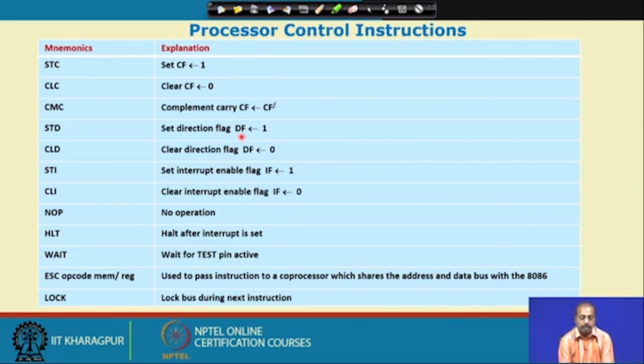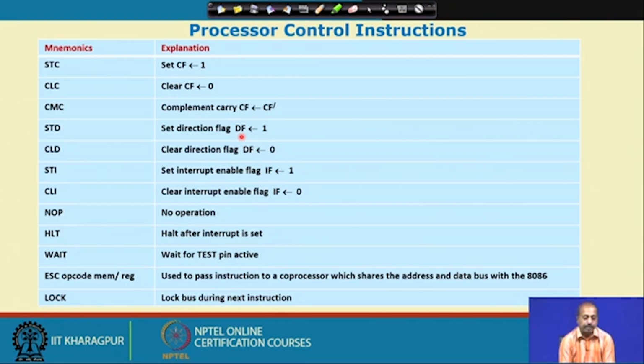Then we have the ESC instruction, escape opcode, memory, registers type of instruction. Instructions prefixed by this escape are for passing the instruction to a coprocessor. The 8086 has the feature that it can support a coprocessor for some operations, and if you have coprocessor opcodes, the 8086 will not be able to understand them.